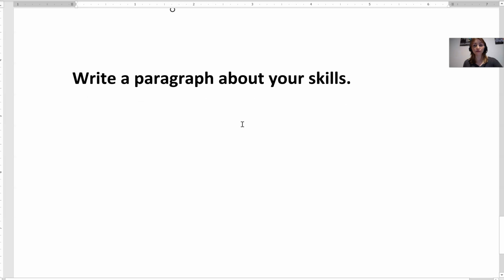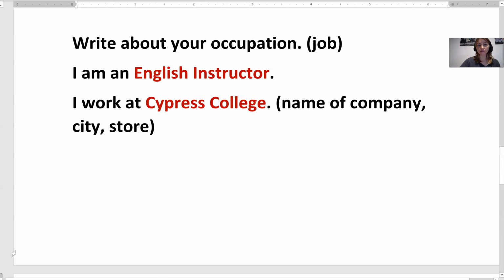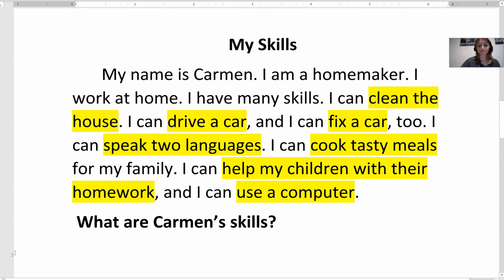Okay, so for the end, what you will do, your activity, is write a paragraph about your skills. So just choose any skills that you have and write a paragraph. And the paragraph should look something like this one.